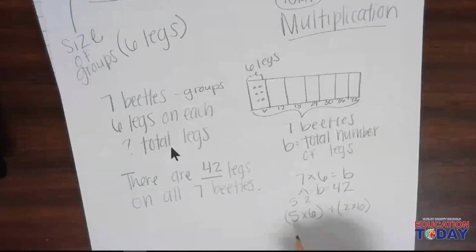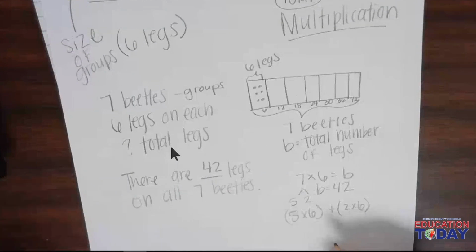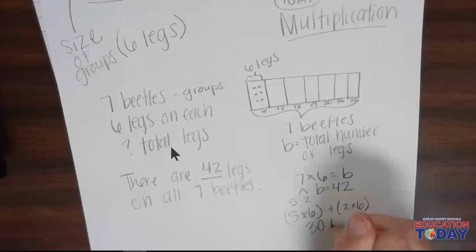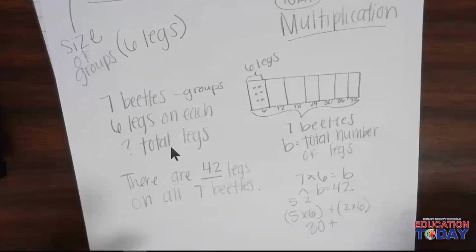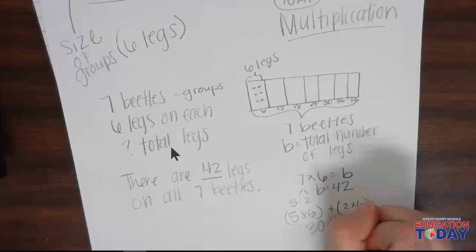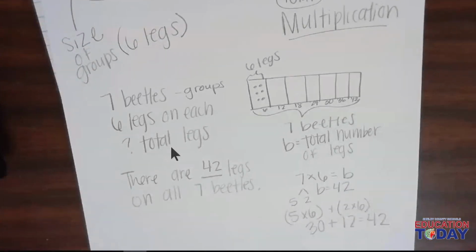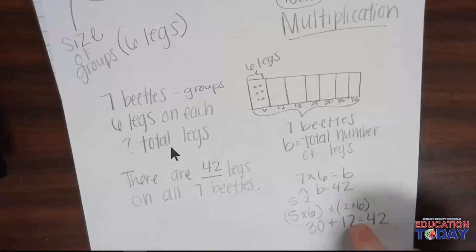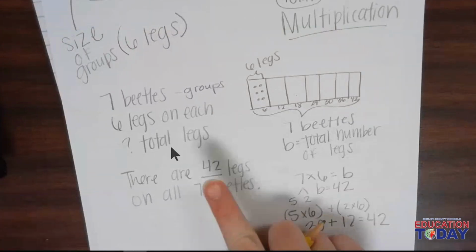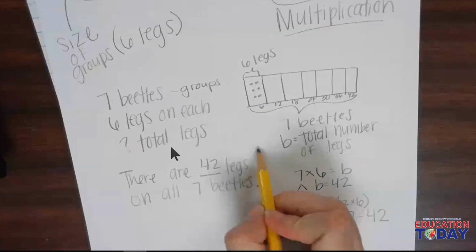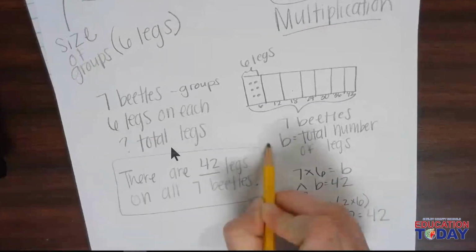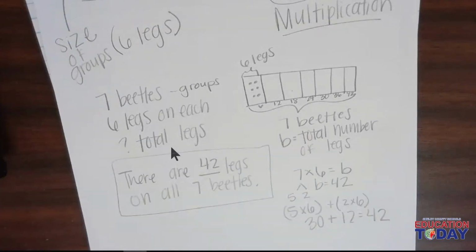Well, 5 times 6, 5, 10, 15, 20, 25, 30, plus 2 times 6, it's just 12, equals 42. So I've checked it twice and I got the same answer, so I think I can be safe with saying that there are 42 legs on all 7 beetles.